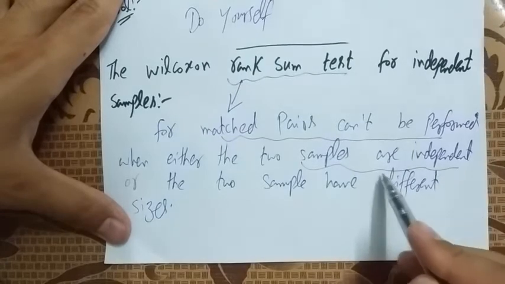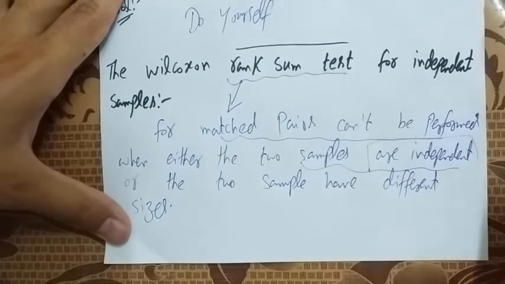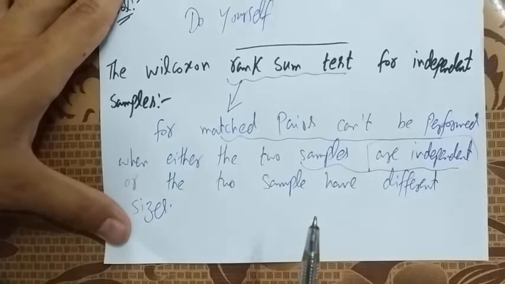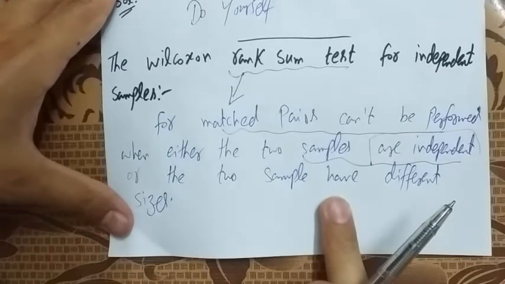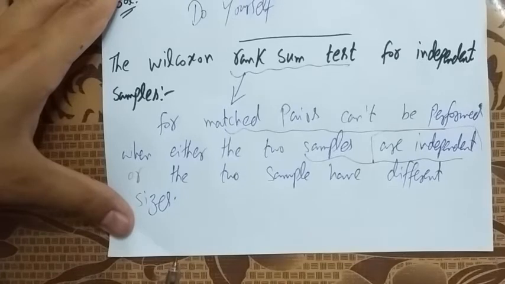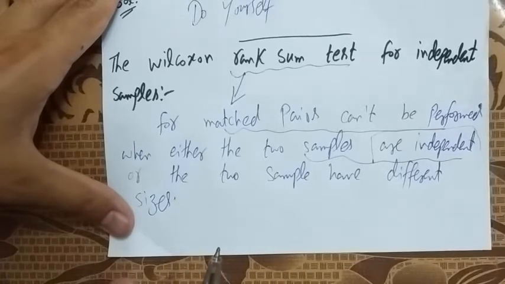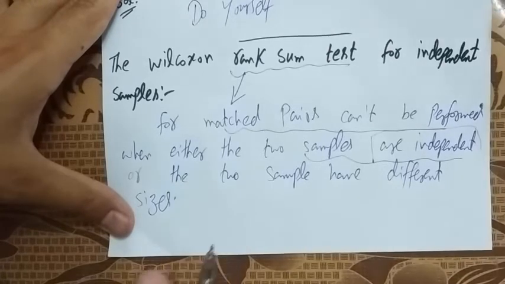The two samples given in a problem are independent, or on the other hand, the two samples have different sizes. But in the previous test, the Wilcoxon signed rank test, the sizes of the two samples are the same.